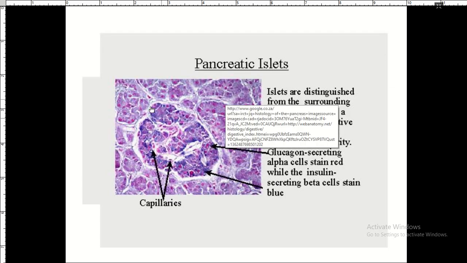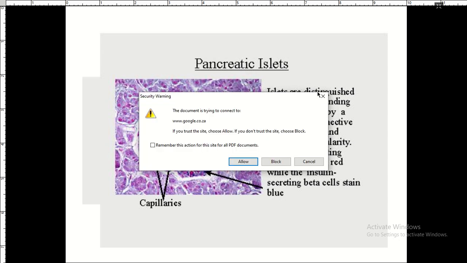Right, so this is the islet of Langerhans. You can see numerous blood capillaries within the islets of Langerhans. And you can see that we have cells that are blue, and we have those that are a bit pale, right?